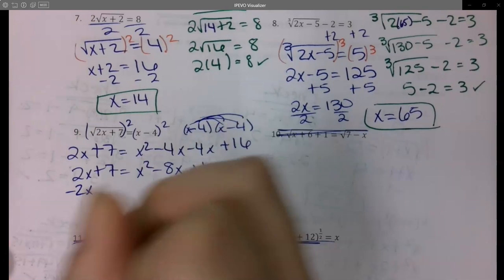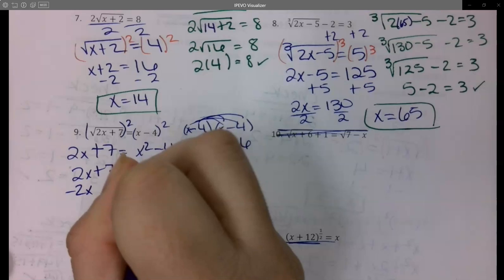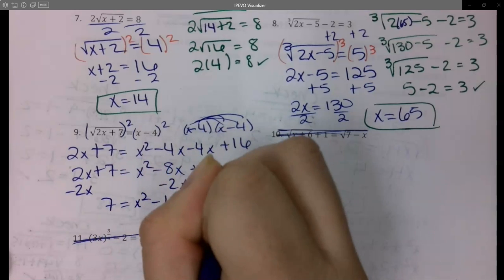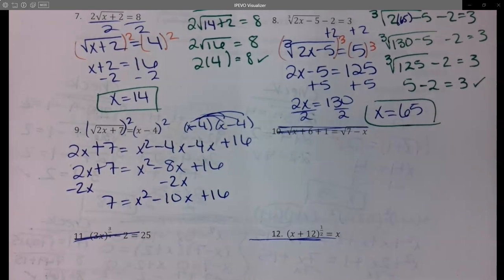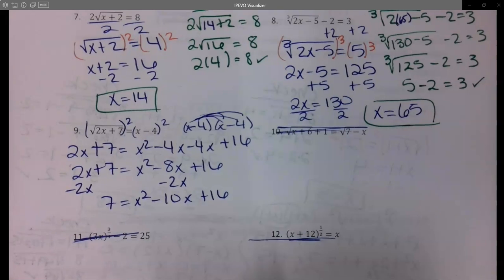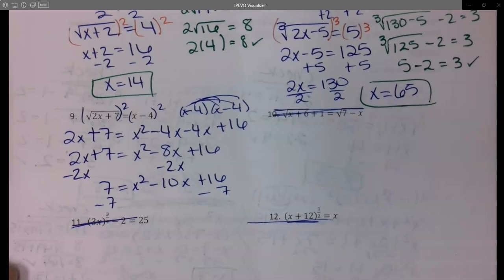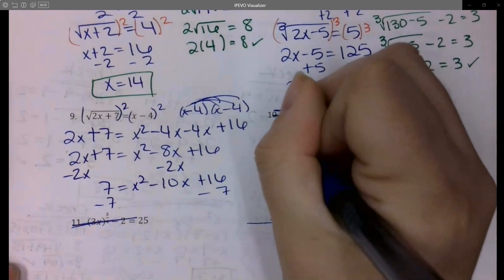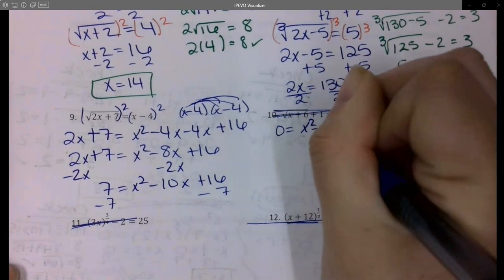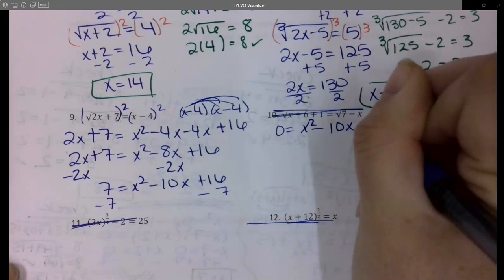So I'm going to subtract 2x on both sides. Then I want to subtract the 7 on both sides, which gets me 0 equals x squared minus 10x plus 9.